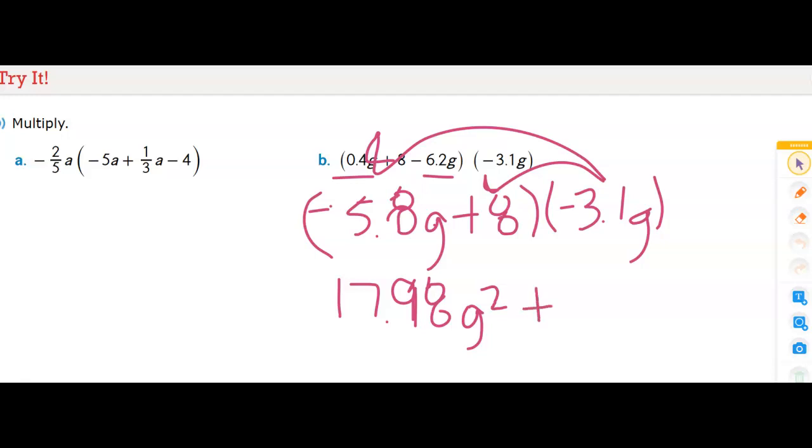And then negative times negative is a positive, plus negative 3.1 times 8 is going to be negative 24 and 8/10 G.